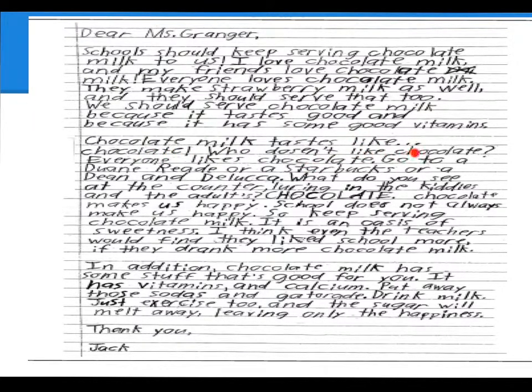Who doesn't like chocolate? Everyone likes chocolate. Go to a Starbucks, or a Dean and DeLuca. What do you see at the counter luring in the kiddies and the adults? It's chocolate. Chocolate makes us happy. School does not always make us happy. No argument there. So keep serving chocolate milk.